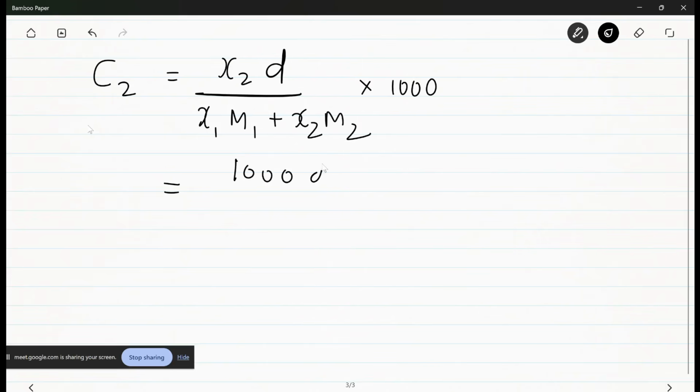1000 d x2, the numerator you can find. Now the denominator you have to convert into either x1 or x2 depending on the options. See the options.